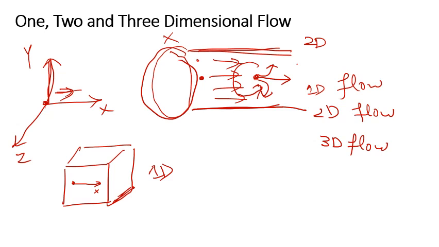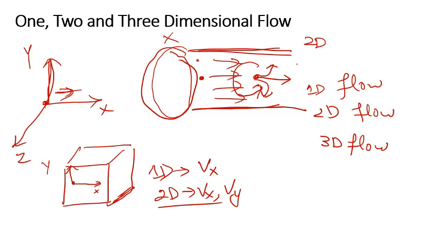If we also consider the fluid velocity in the top side, in the y side, then with vx and vy, this is two dimensional flow.